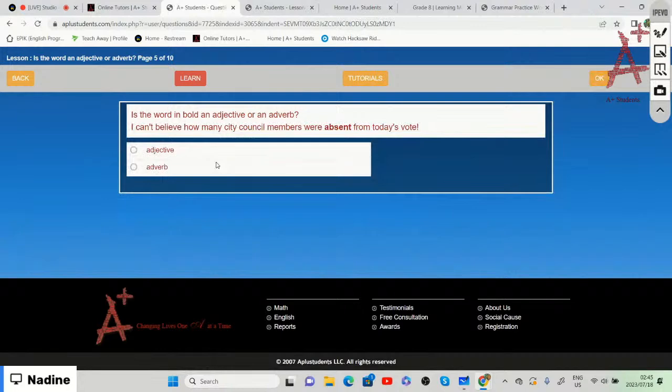I can't believe how many city council members were absent from today's vote. Is absent an adjective or is absent an adverb, right? We need to choose the word that best describes.